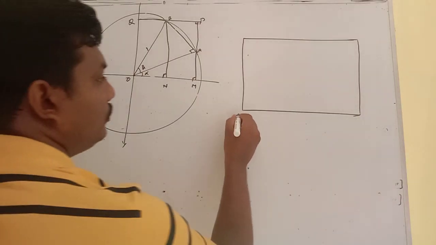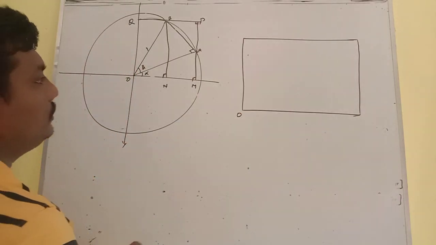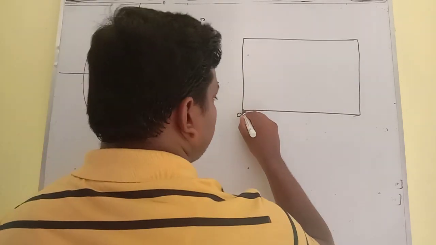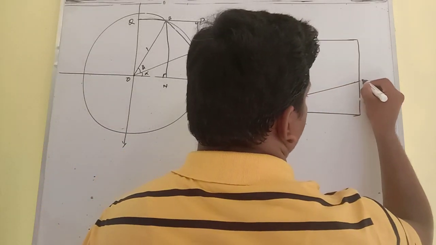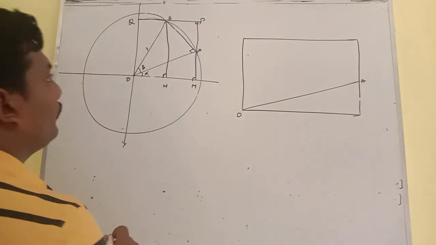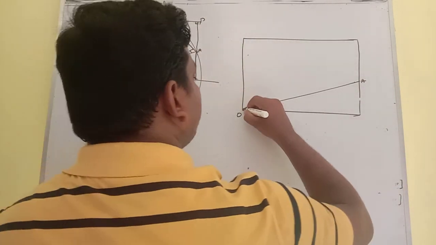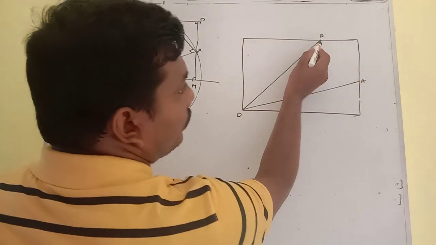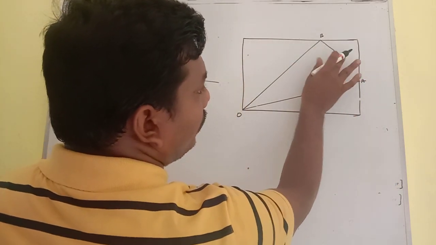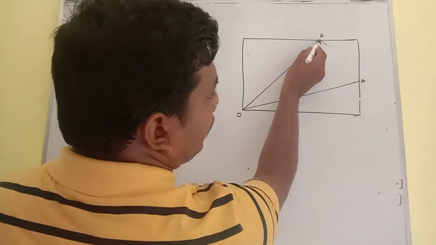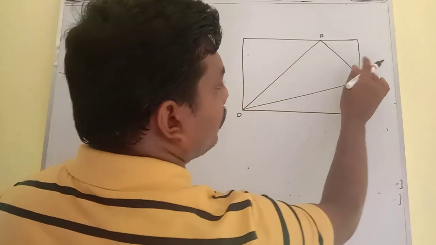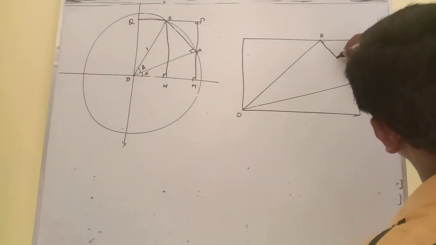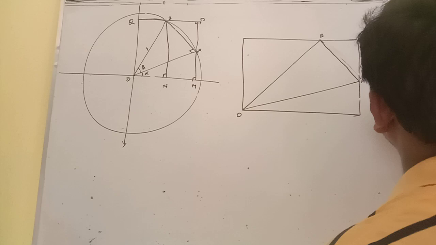This is O, and we need to draw OA. This is OA, and we have to draw OB. This is OB. Now we have to draw a perpendicular line from OB.